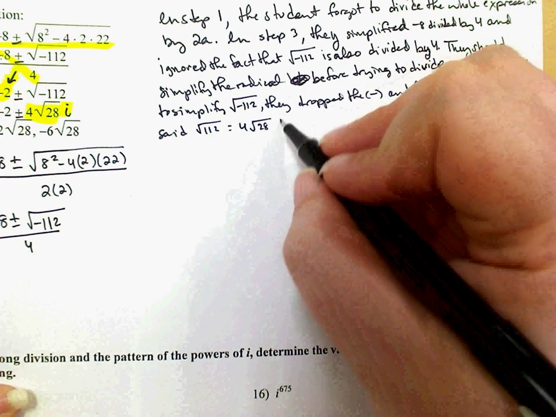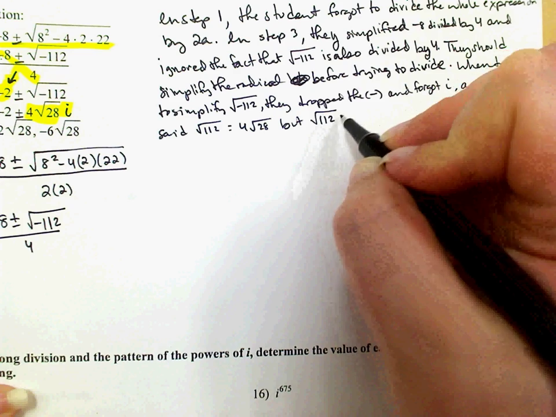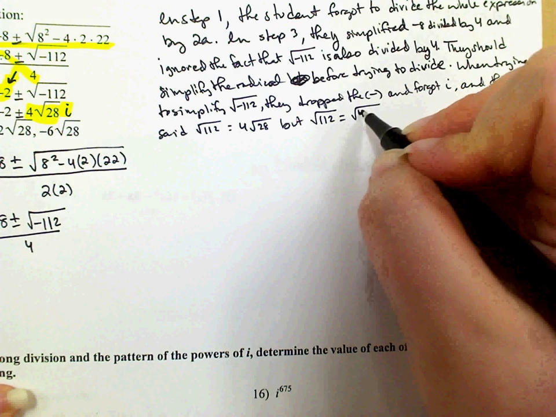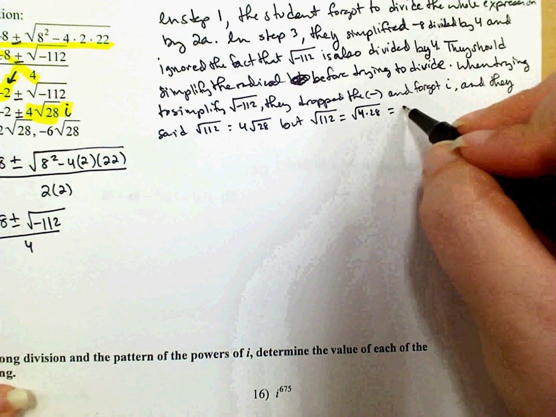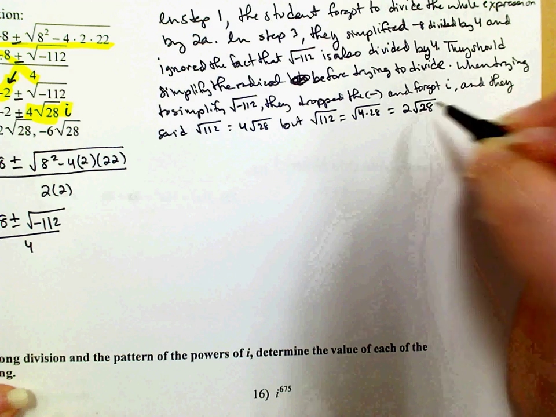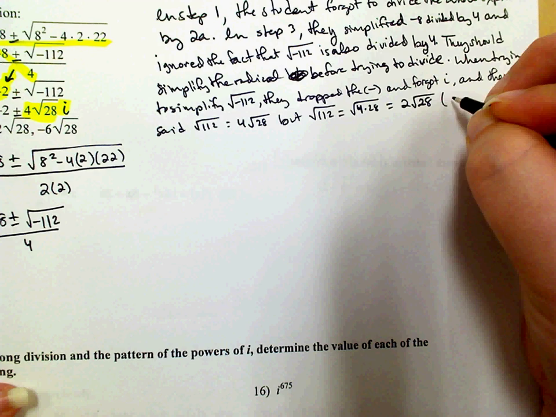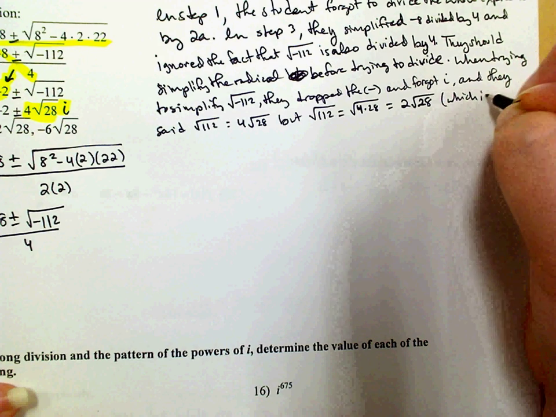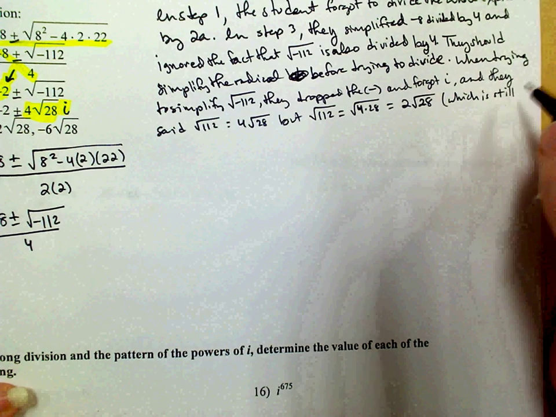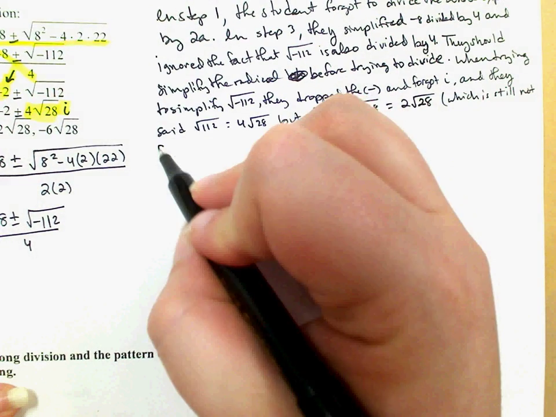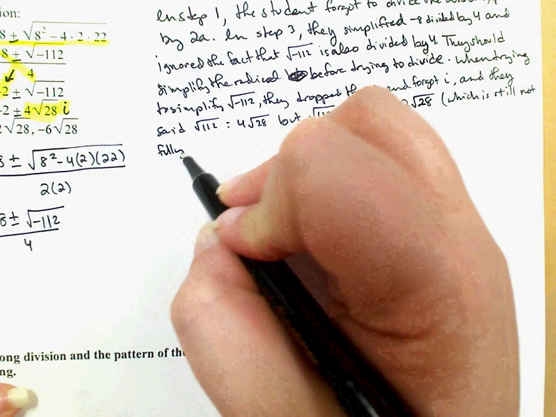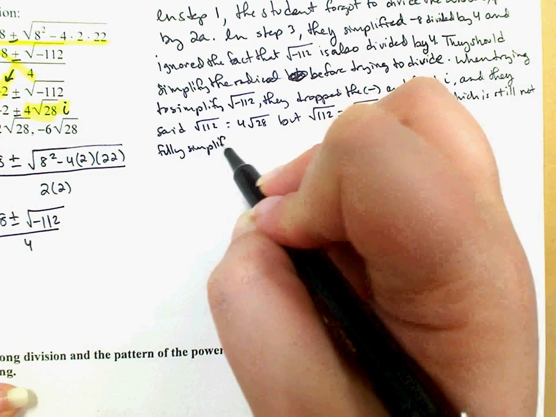But the square root of 112 equals the square root of 4 times 28, which equals 2 square roots of 28. Which is still not fully simplified.